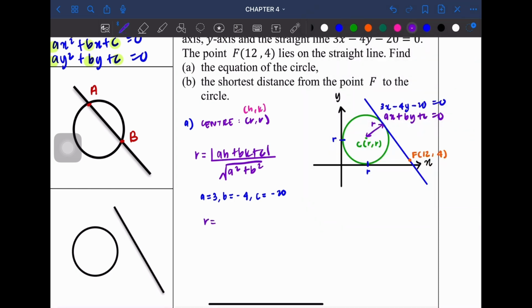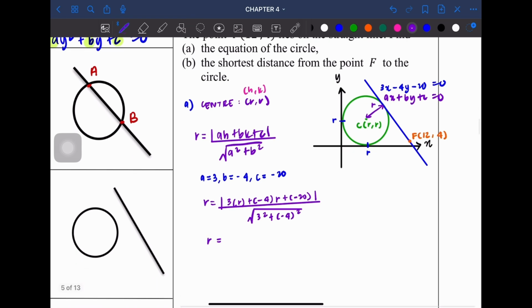So r is equal to the modulus of 3 times r plus negative 4 times r plus negative 20, divided by the square root of A squared plus B squared. So r is equal to the modulus of negative r minus 20 over 5.